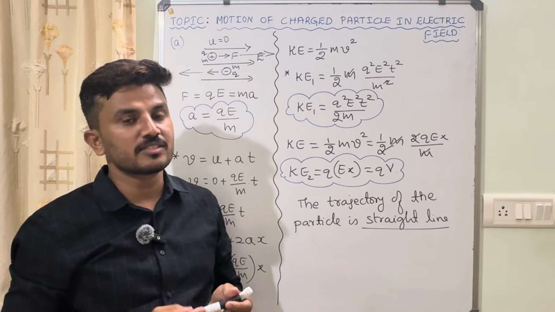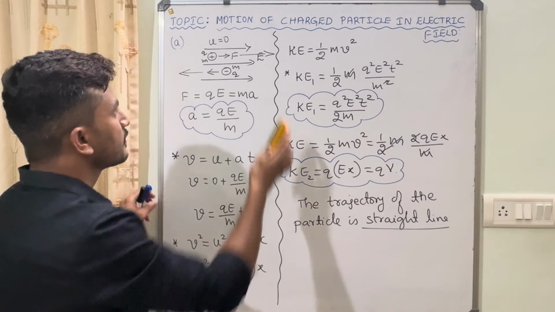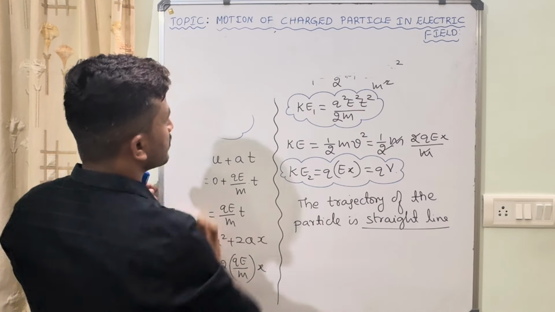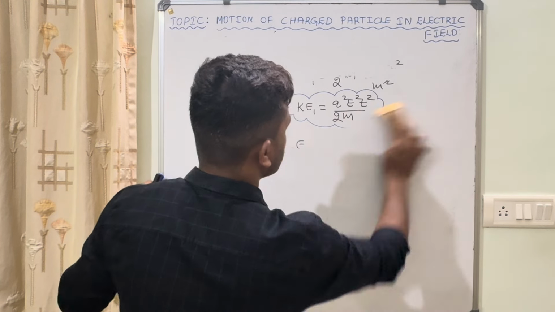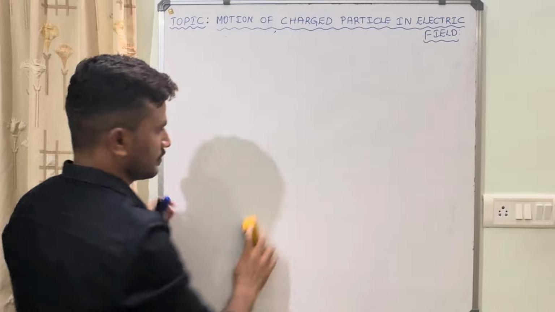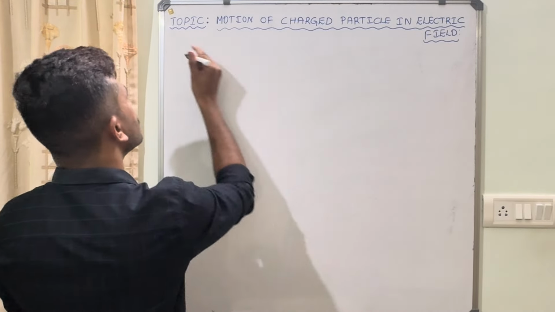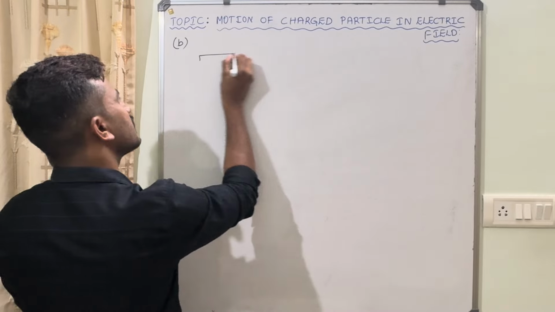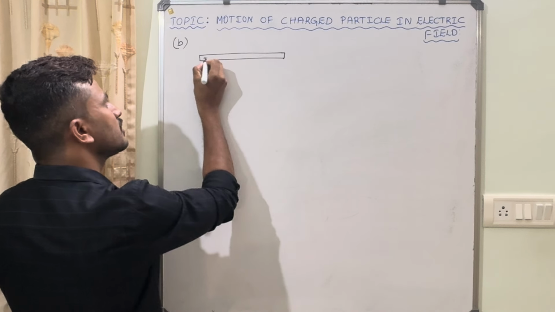Now let us discuss what if the charged particle moves perpendicular to electric field. Okay, so let me consider there is a plate to which some positive charge is given.